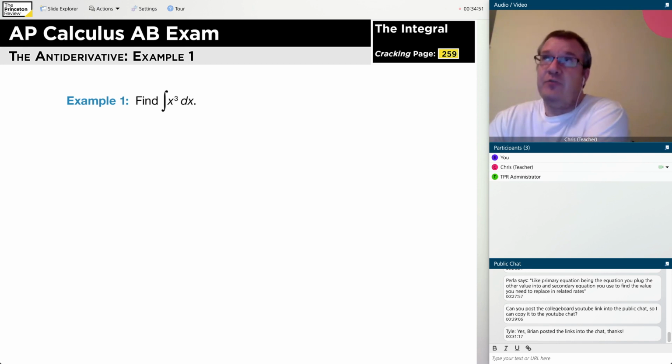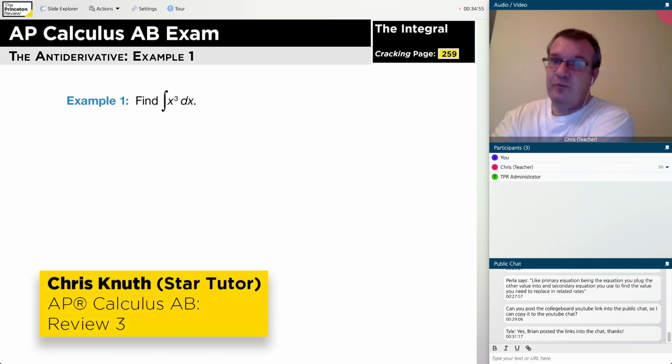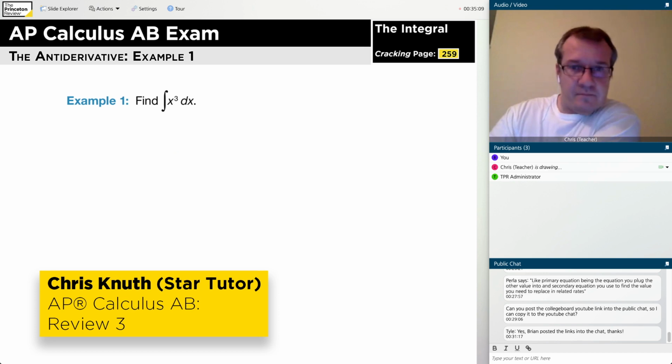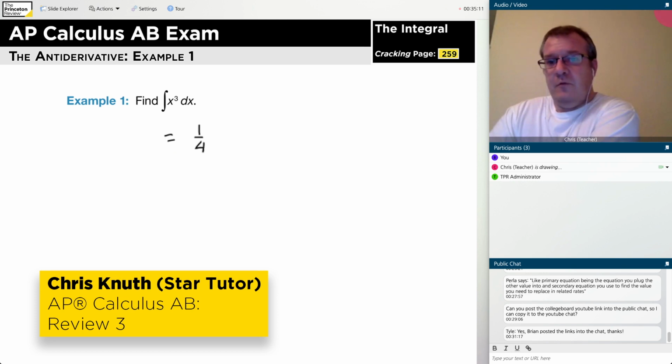In derivatives, we took the exponent out front and subtracted 1. To move backwards, you have to add 1 to the exponent and divide by that. So if I have to find the integral of x cubed dx, that simply becomes 1/4 x to the 4th plus c.